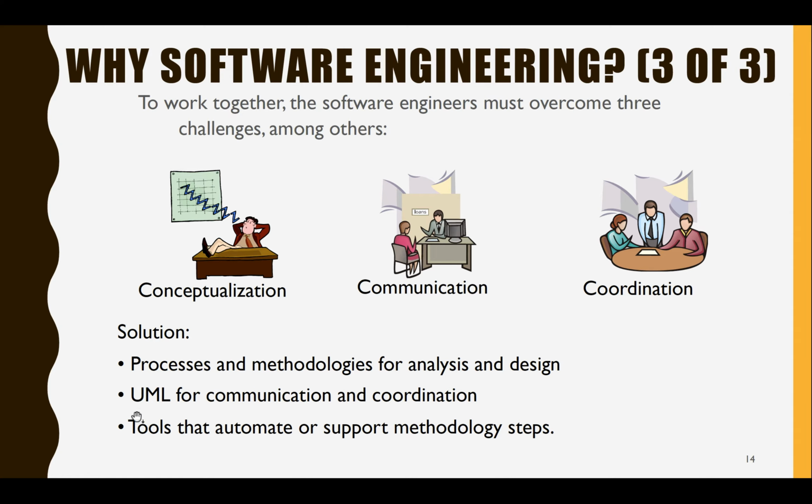We'll be learning a modeling language called UML to help team members communicate with each other. And in a project, different people need to coordinate their work so that they would not wait too long for someone else to do their work before they can start. So we try to make people work efficiently.